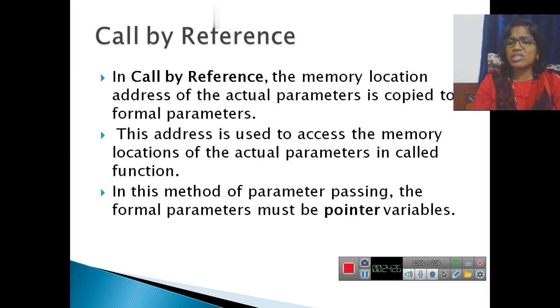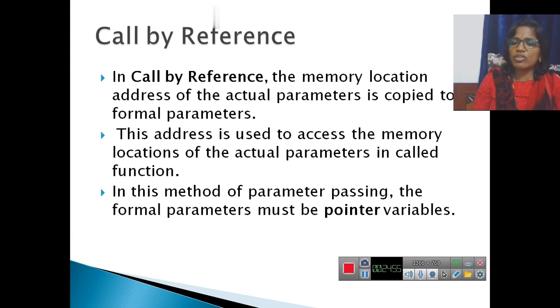So this address is used to access the memory locations of the actual parameters. The actual parameters belong to the calling function, and the called function can make exactly the changes in the actual parameters because it has the address. It can make changes directly at the address.